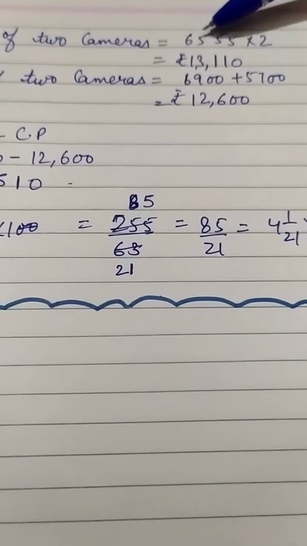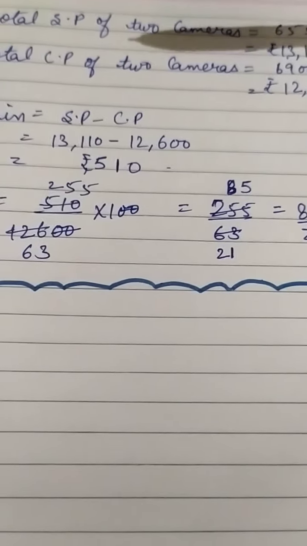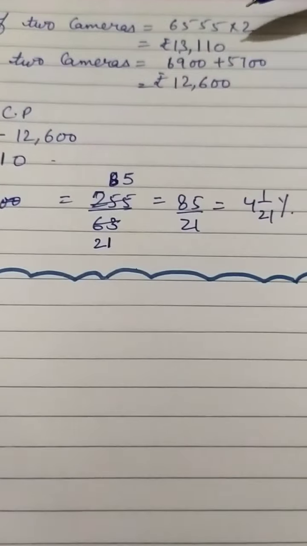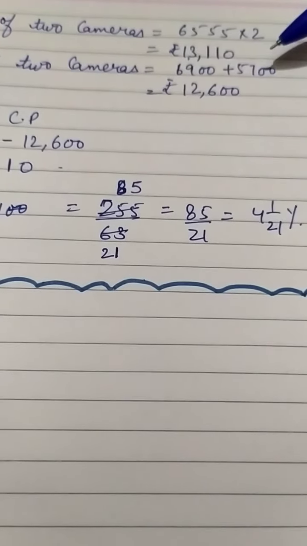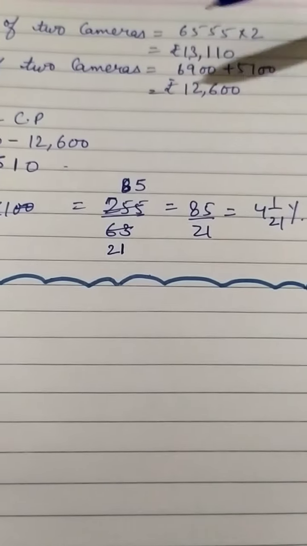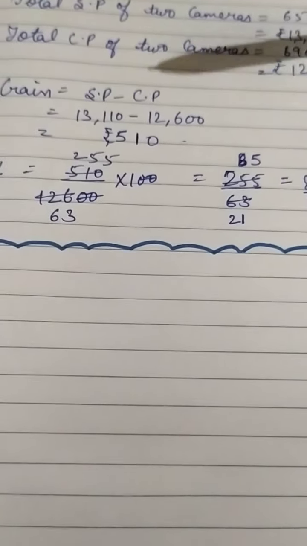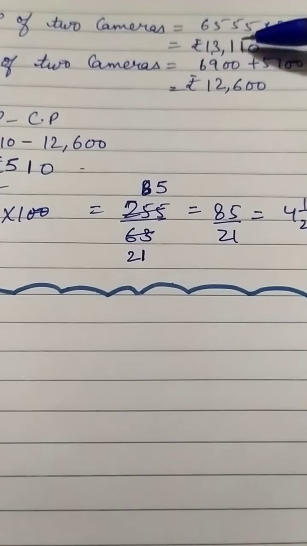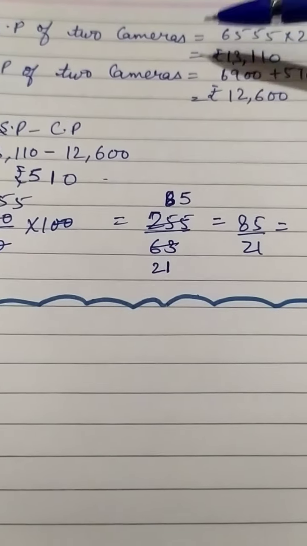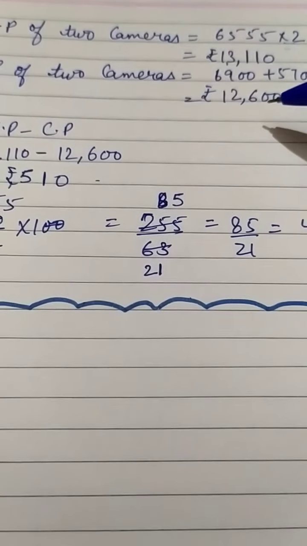We have 13,110. Then we have to find the cost price of the two cameras. So we have 6900 as the cost price of the first and 5700 for the second. So we have 12,600. Now gain equals SP minus CP. So you can see she has a gain because the selling price is this much and the cost price is this much.